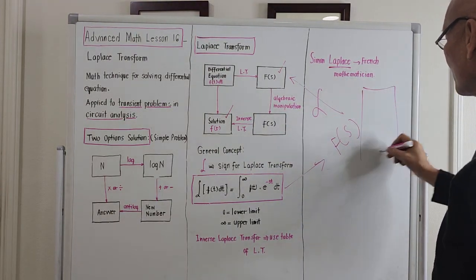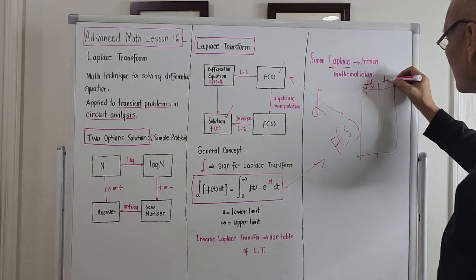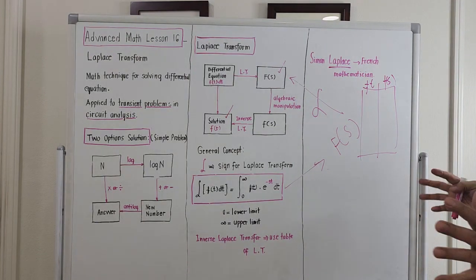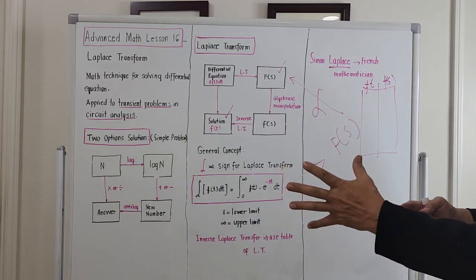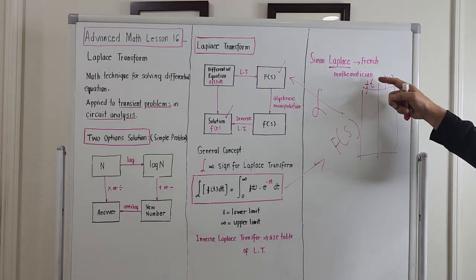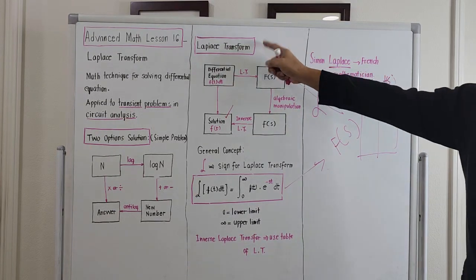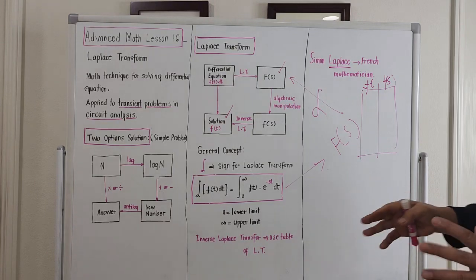We are supposed to have a table. Function of t, this is function of s. Before we could proceed with the Laplace transform of anything, we must derive all the relations of function of t as a function of s for Laplace transform. So that's actually the important thing on Laplace transform.